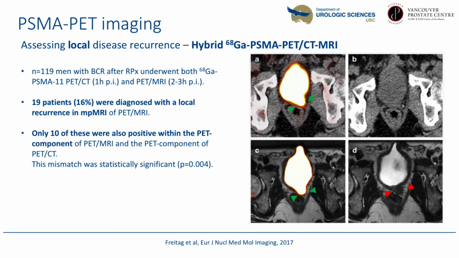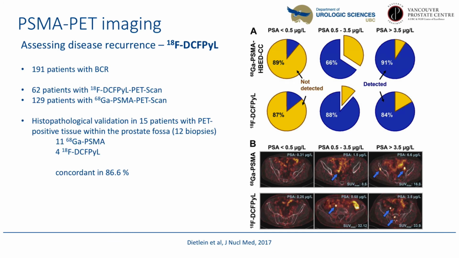So I also want to give you some data on the fluorine tracers. This is some data for biochemical recurrence for the fluorine tracer from Johns Hopkins. 191 patients received either a fluorine PET scan or a gallium PET scan. 62 of those patients received a fluorine PET scan, the others a gallium PET scan.